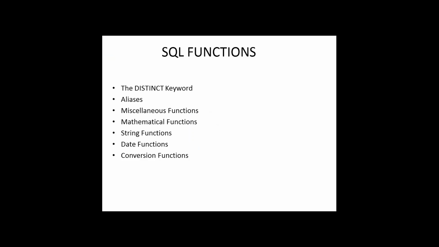This is also an important thing, and we will be discussing miscellaneous functions, mathematical functions, string functions, date functions and conversion functions. Each and every functionality has its own uniqueness, and basically using this functionality we will be retrieving the data from the table.